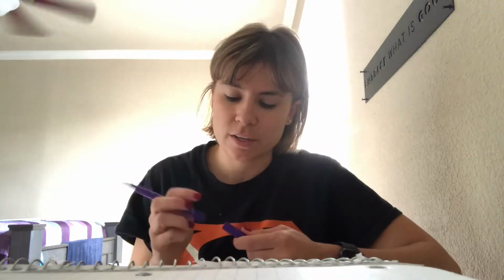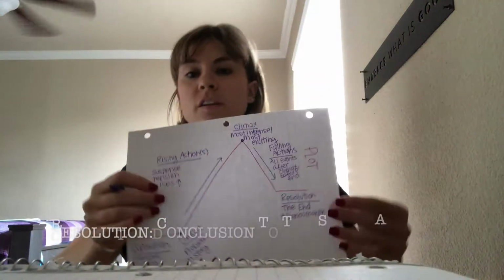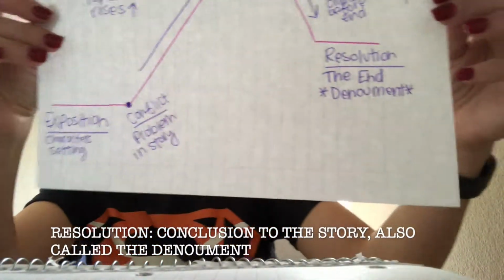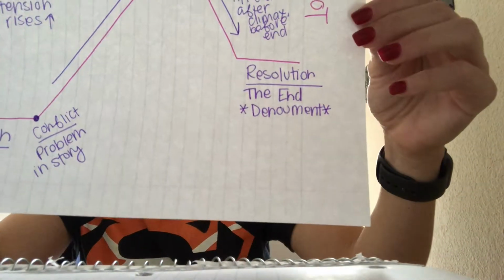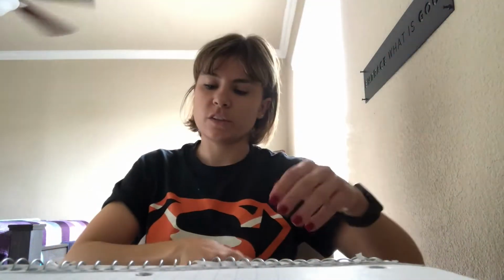But resolution is at least the end to that storyline. So resolution is the end. And a fancier word or more elevated word for resolution is called the denouement. Denouement. Okay? And that's just another name for the resolution or the conclusion to the story.